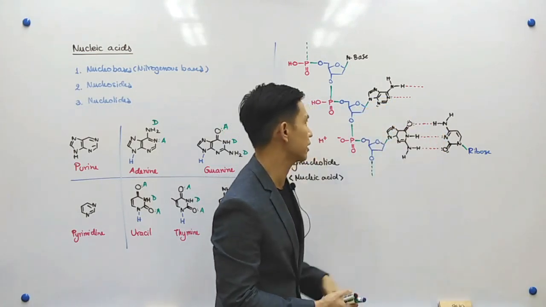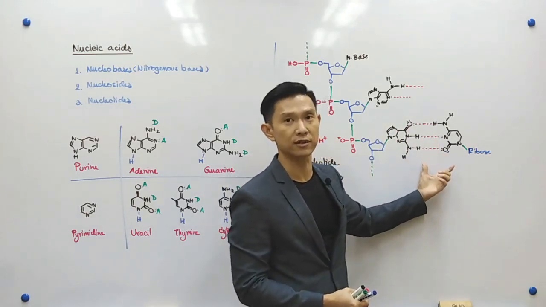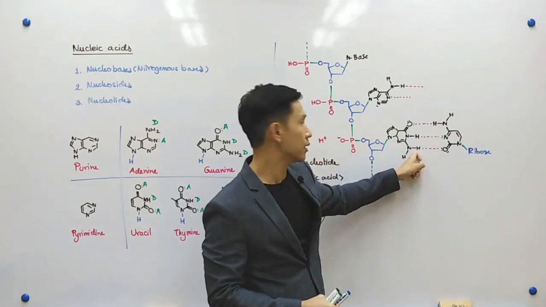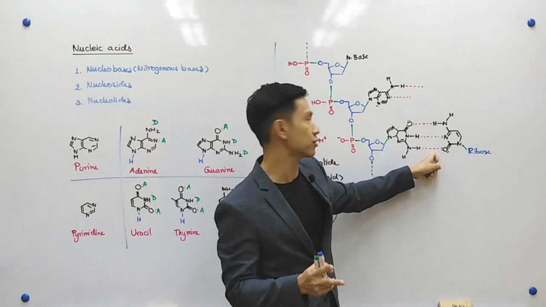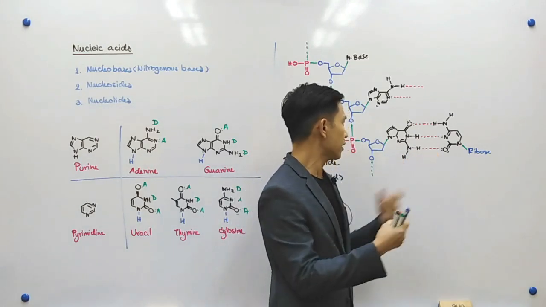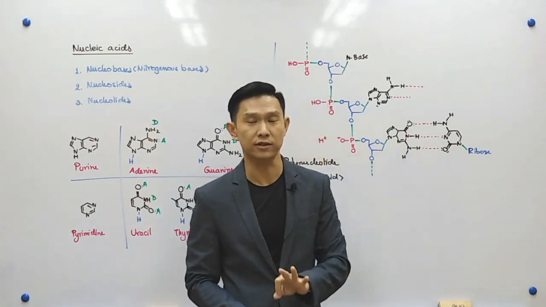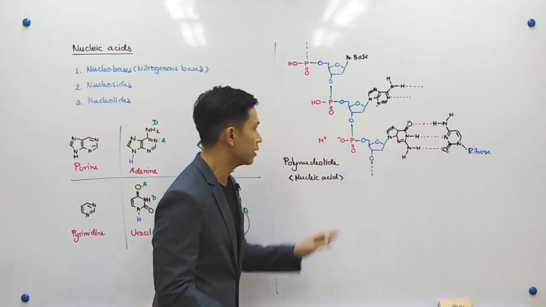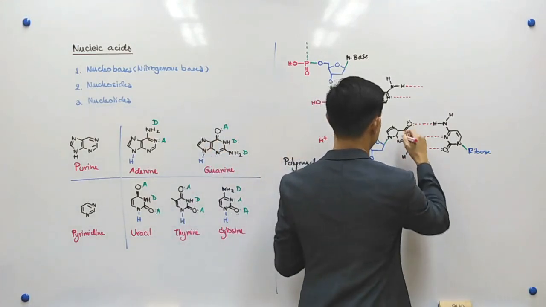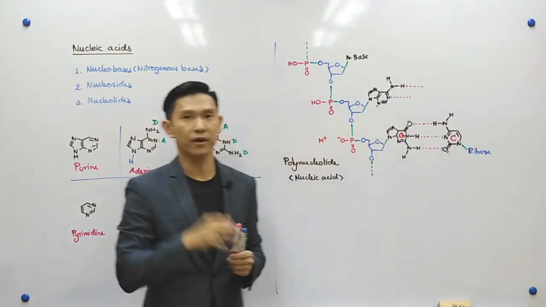So the distance between N and O over here is about 3 angstrom because, as I said, conventional covalent bond is 1 angstrom and the hydrogen bond is about 2 angstrom. So the distance between N and O is about 3 angstrom roughly. Okay, so as you can see now, your guanine is matched with the cytosine with 3 hydrogen bonding.